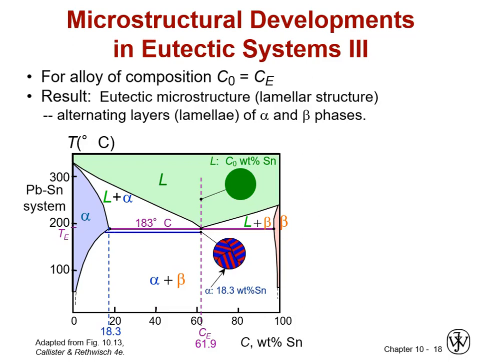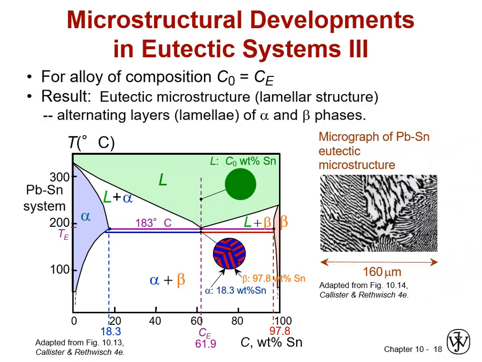And within that eutectic microstructure, the lamella, the alpha slices, the little blue slices, they're all alpha. They have a composition defined by the end of the eutectic tie line at 18.3 weight percent tin. And then the beta, the red lamella, are much more tin rich at 97.8, and I bet you can guess their relative fractions by the lever law.